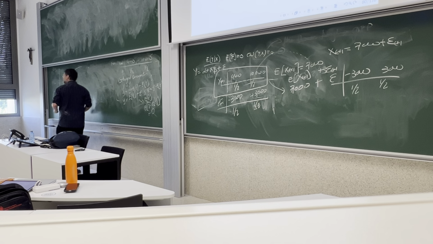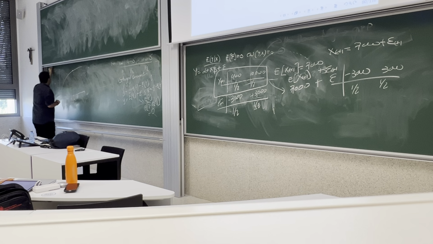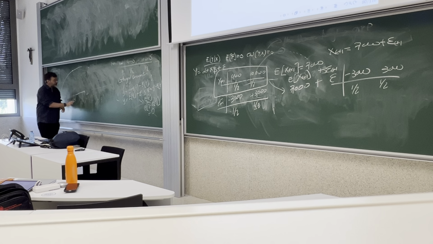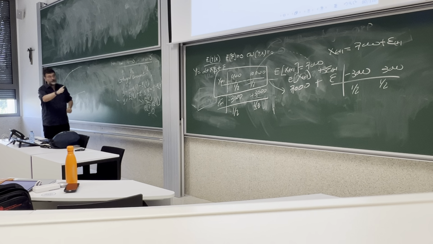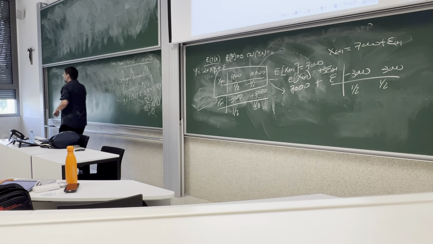This point here is unattainable. This point here is the utility evaluated at the expected value of the payoff. If this guy was given the expected value, so the 7,000, for sure, guaranteed, he would get this much utility.